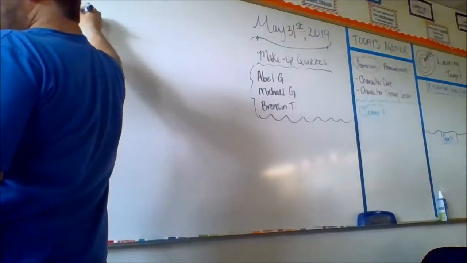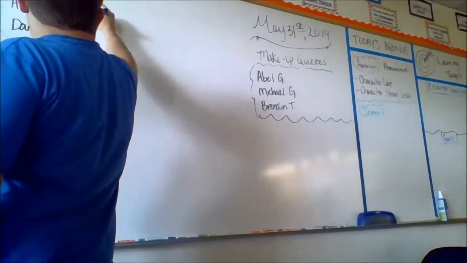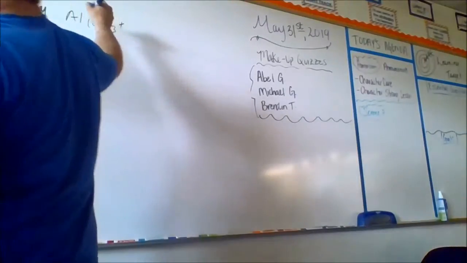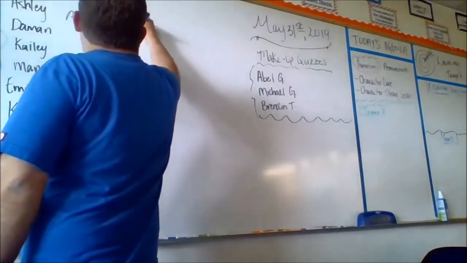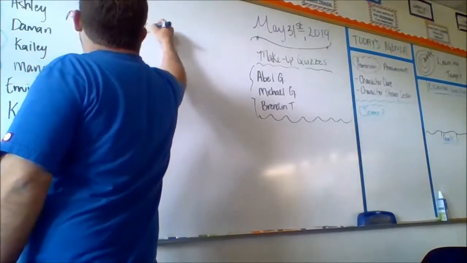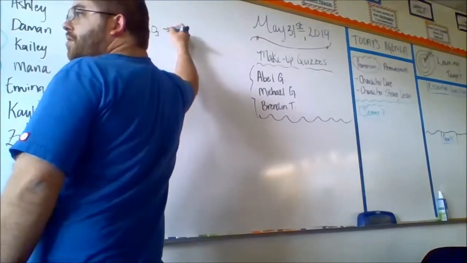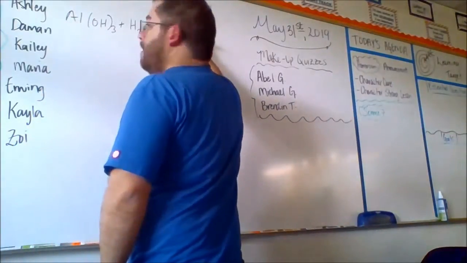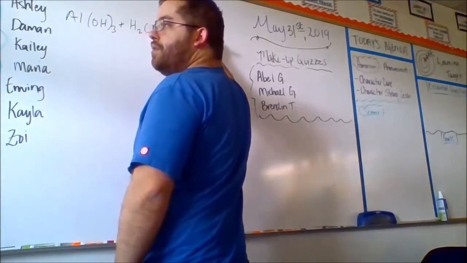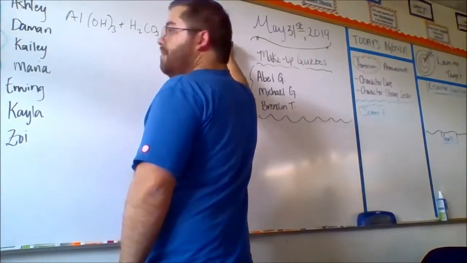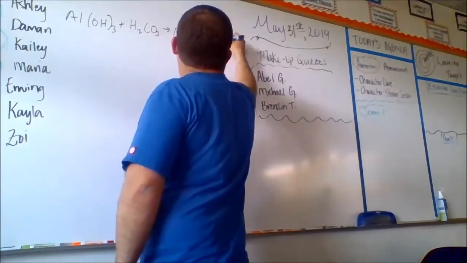That is AlOH3 plus H2CO3 goes to Al2CO3 2 plus H2O.